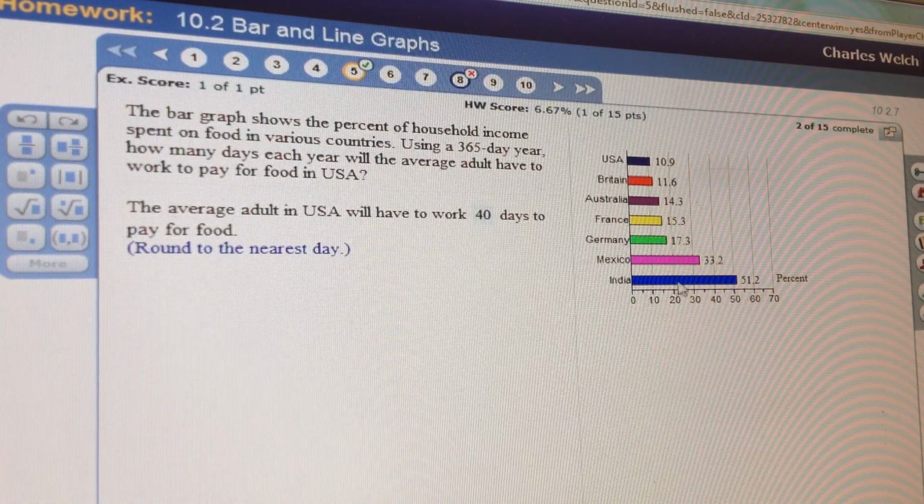It tells you a little bit about the poverty in India, and that more than half their days are spent working just to pay for food. Whereas in the United States, where we are definitely a more affluent country, only 10.9% of the days we work are needed to pay for food. So it's a good example of being able to gauge these different countries on a horizontal bar graph by measuring the length of the bar.